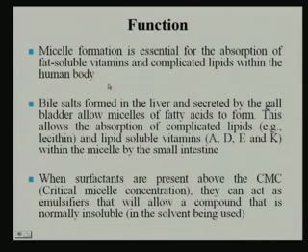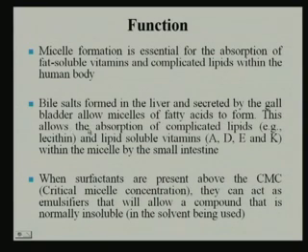Now, the function of these micelles: micelle formation is essential for the absorption of fat-soluble vitamins and complicated lipids within the human body. Bile salts formed in the liver and secreted by the gallbladder allow micelles of fatty acid to form.